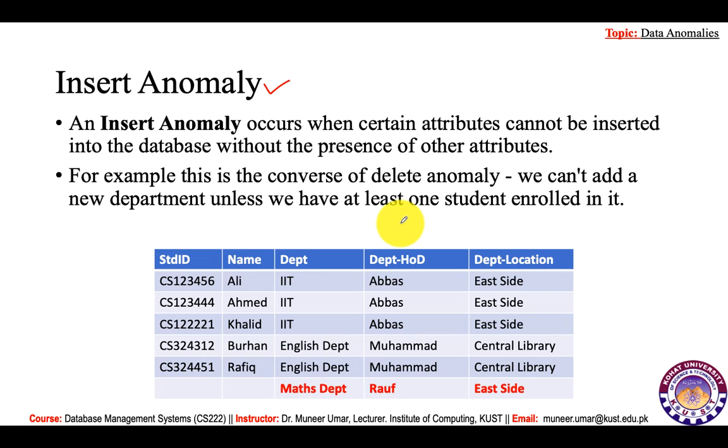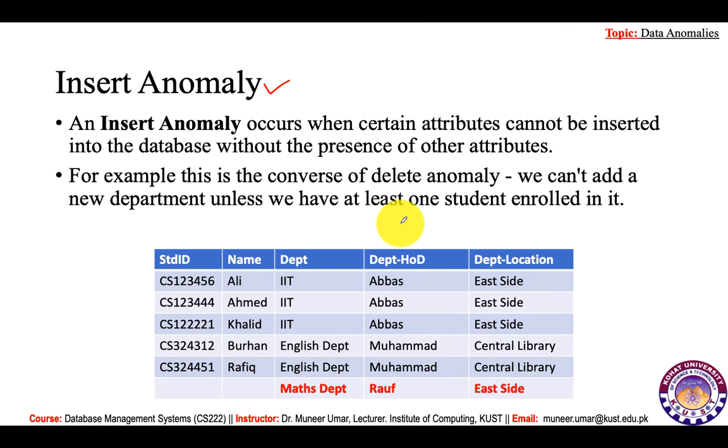The last type of anomaly is insert anomaly. Actually, this type of anomaly is the inverse of delete anomaly. In delete anomaly, we deleted the entire tuple and lost some important data, which we didn't want to be deleted, but due to deletion of some record, some additional data was also deleted.